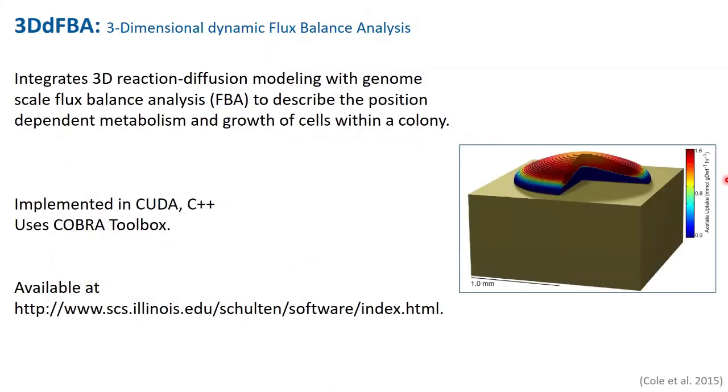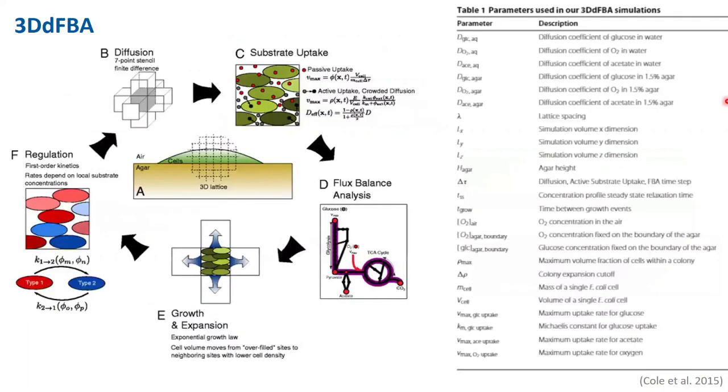The next one, which I included in this presentation, is three-dimensional dynamic flux balance analysis. It is interesting because it can really model colony growth in a three-dimensional structure like this. The model looks like a three-dimensional lattice.